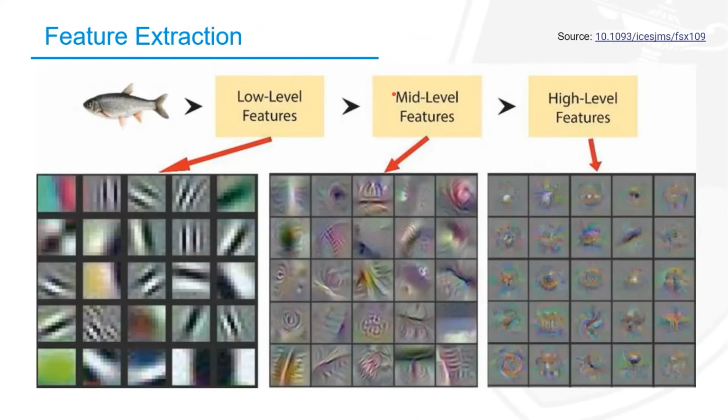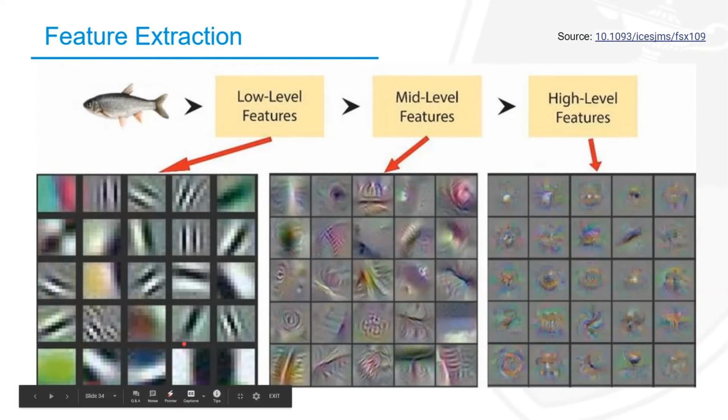An example of feature extraction in this case is shown with a 3-level of feature extraction. 3 levels are quite common, and we will use 3 levels in these examples today. 3 levels means that it extracts features at a low level. These could be lines, vertical lines, diagonal lines, horizontal lines. They could also be colors.